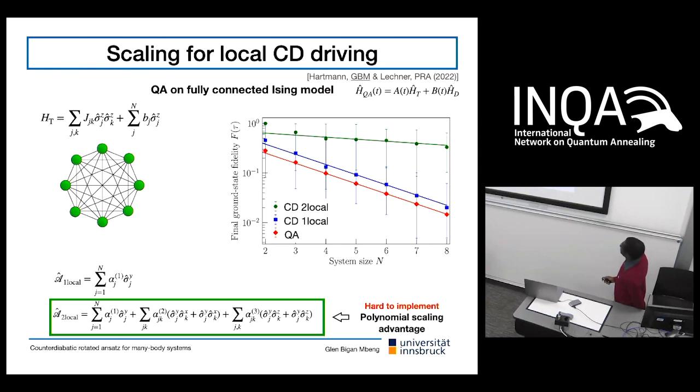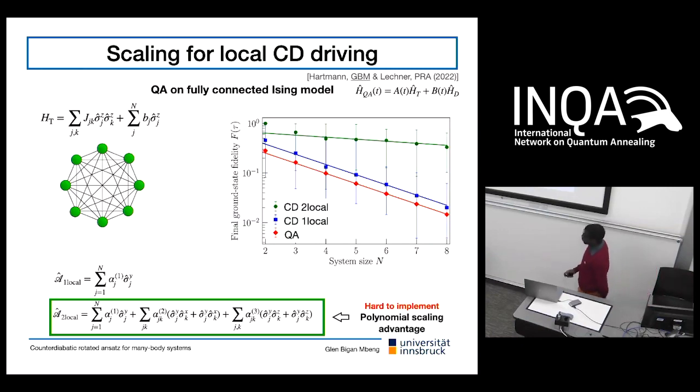regarding the scaling. So to get a scaling advantage, we were forced to consider a more, let's say, general form for the potential we have to add, and in this case, what we find is that the two-local potential is able to find again a polynomial advantage.